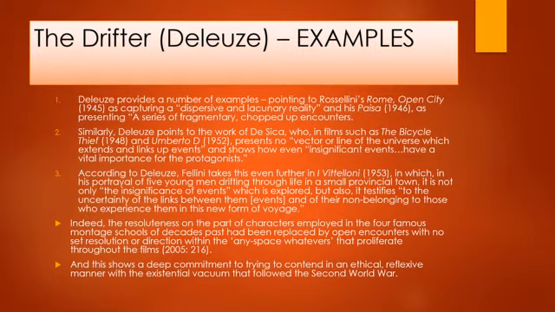The first of which is Rossellini's Rome Open City. And Deleuze says this one captures a dispersive and lacunary reality, and a piazza which presents a series of fragmentary, chopped up encounters. So again, it's not clean, it's not neat, it's dispersive, it isn't coherent, it could be a little bit all over the place, right?